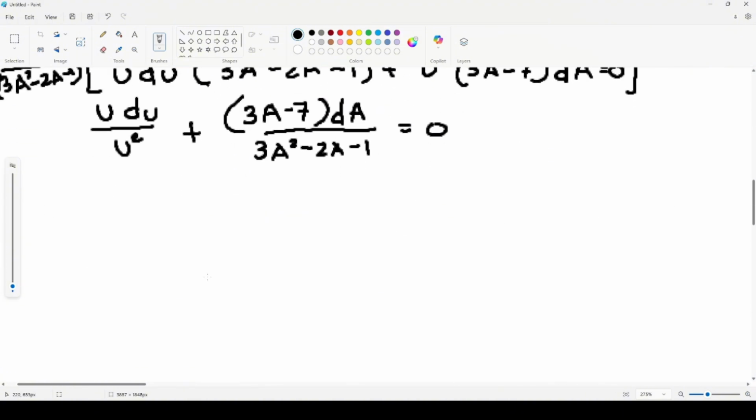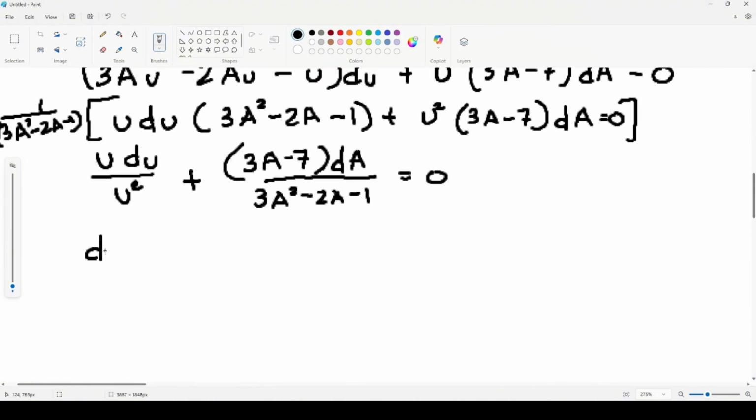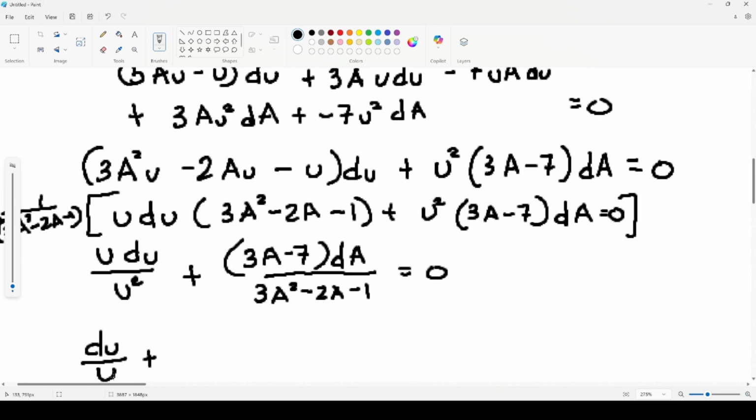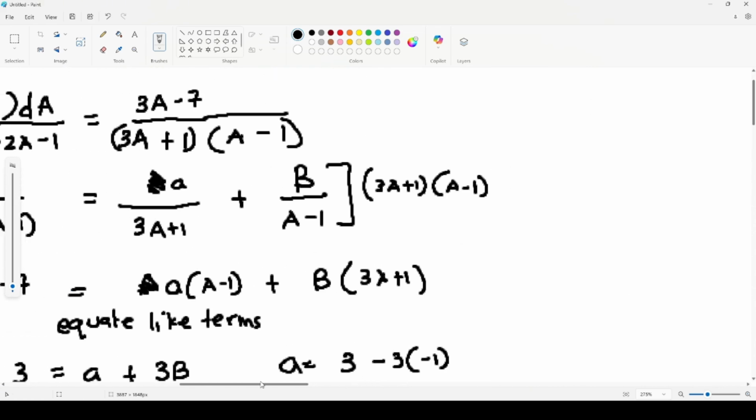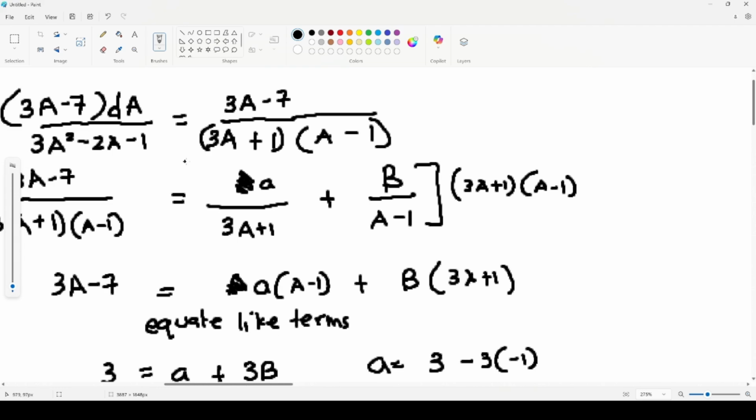Now, if we write down this fraction, du over u is plus, right? What is our fraction? Small letter a, which is 6.